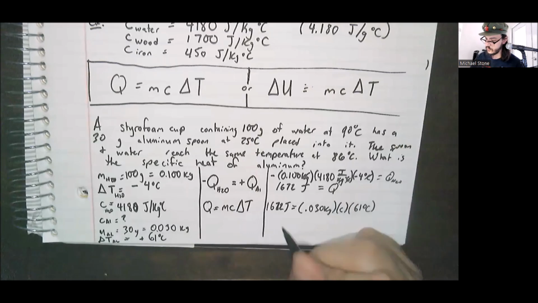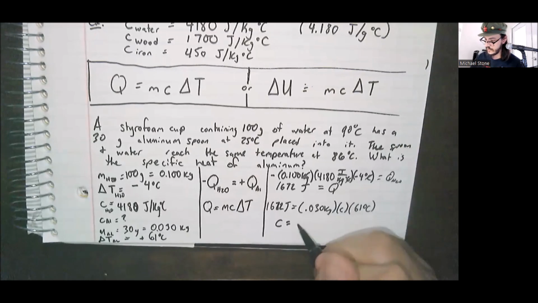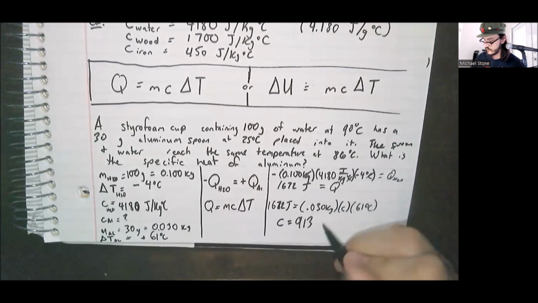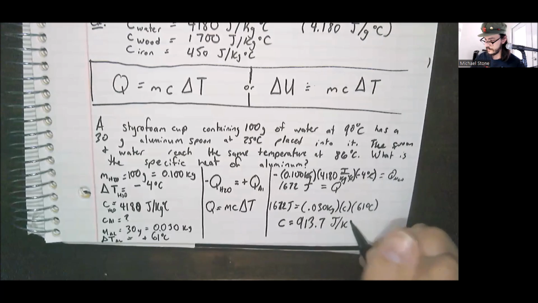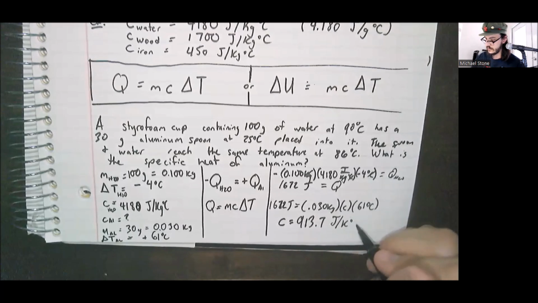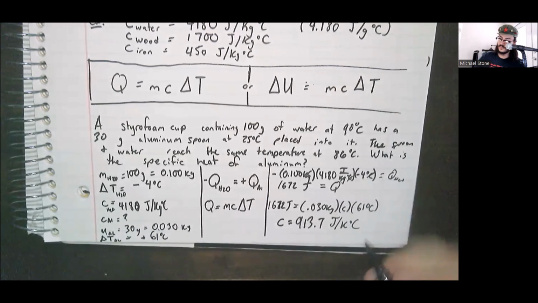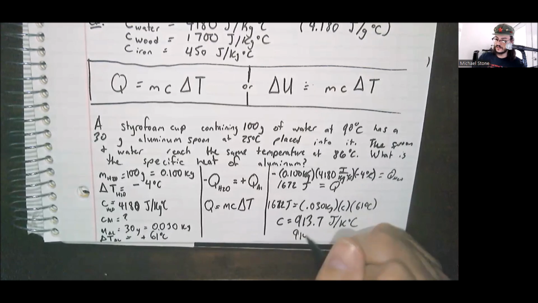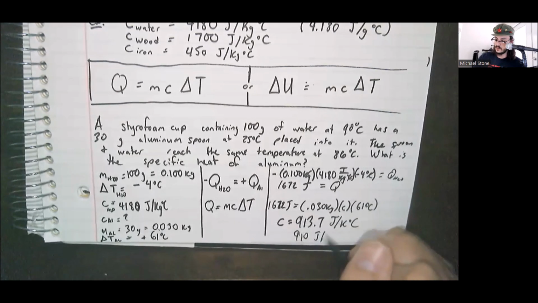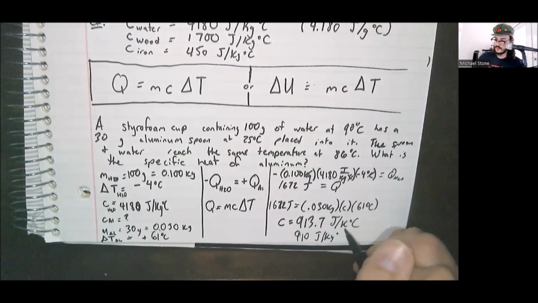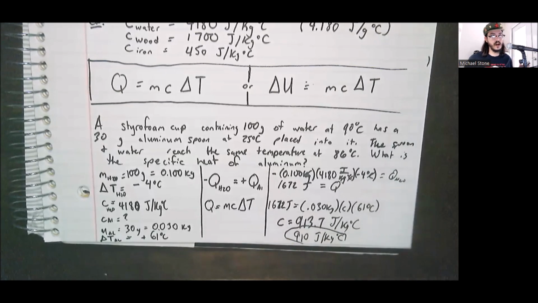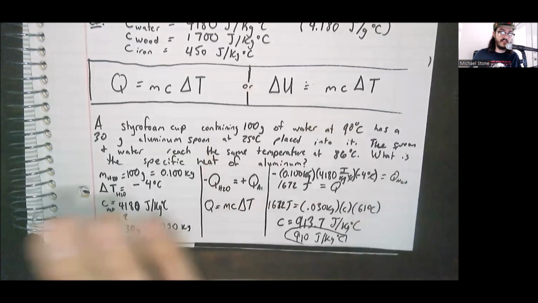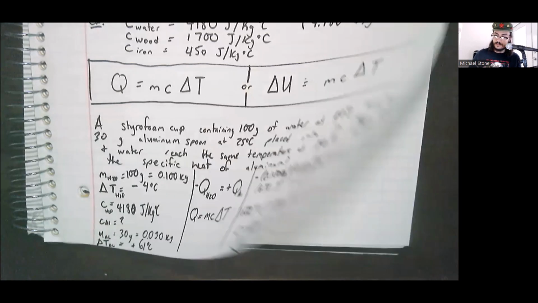And we end up with a specific heat of about 913.7 joules per kilogram degree Celsius. This is usually just rounded to 910 joules per kilogram degrees Celsius. If you look at most charts of common specific heats, it's usually listed as 910 for aluminum.